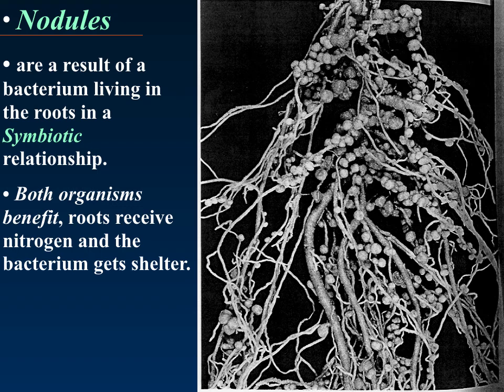If you've ever gone to a garden center and covered your sweet peas with a black powder and then planted them, you inoculate them with a particular bacterium in hopes that this association will be better boosted in your particular soil. If you look at the roots on the right-hand side, you'll see what appears to be a whole bunch of problematic areas, all those spheres.